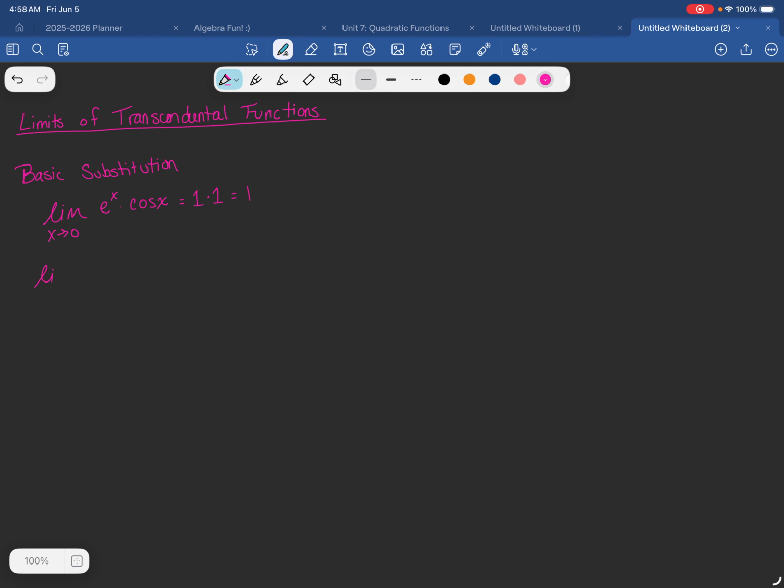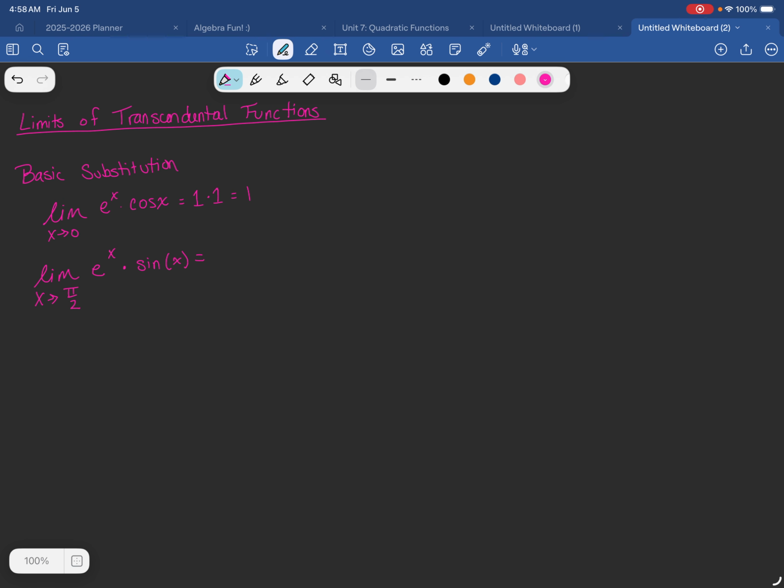What about this? Now we have the limit as x goes to pi over 2 of e to the x times sine of x.